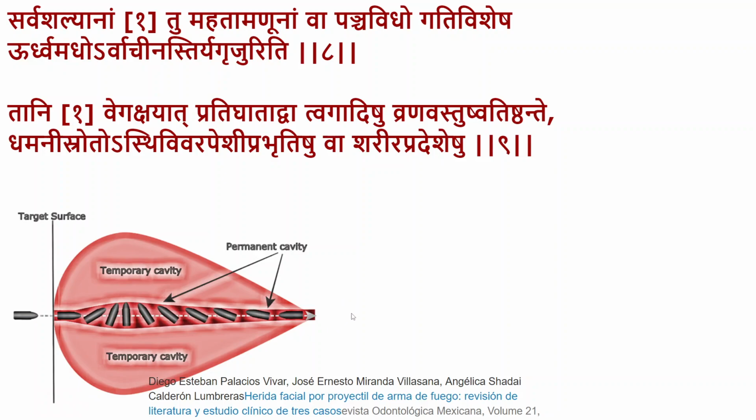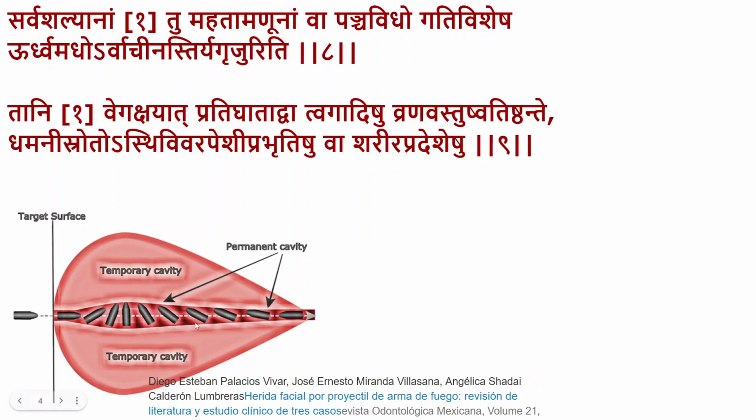There is a pattern of wound formation. The point of entry, where the bullet has entered, would have converging edges, and at the point of exit the edges will be diverged, like wider edges will be seen. So that's one possibility if the momentum is maximum and there is no resistance in between.